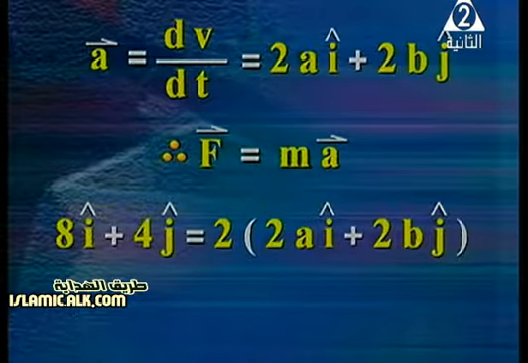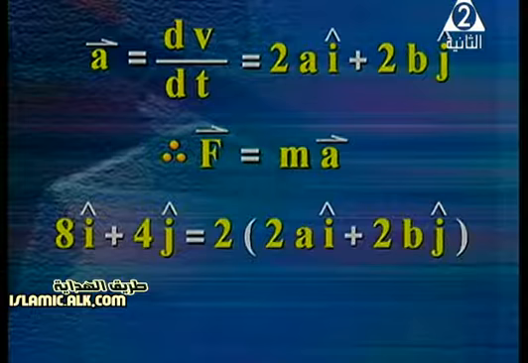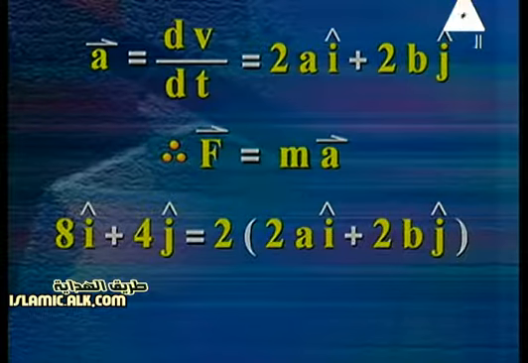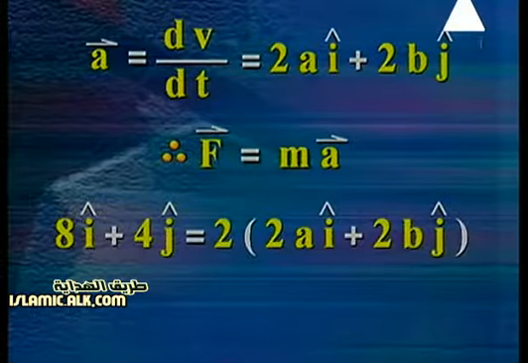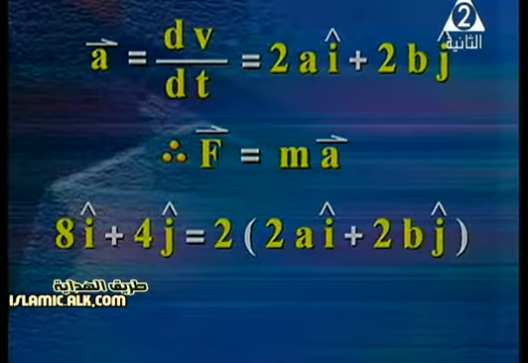By using F equals m a, what is the F? 8i plus 4j. What is the m? 2, multiplied by the acceleration 2a i plus 2b j. We know that the vector F equals m a. By using the left hand side and right hand side, 8i plus 4j equals 2 multiplied by (2a i plus 2b j).